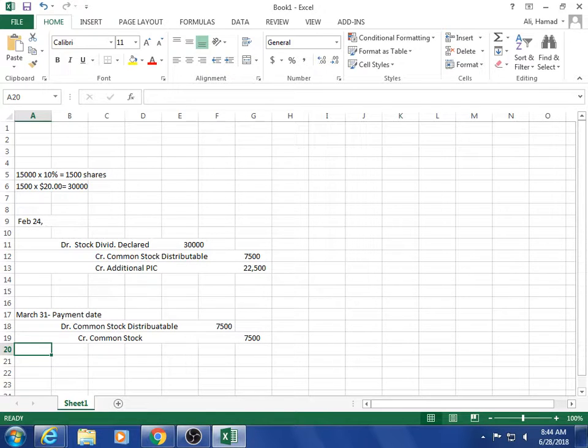If you put it in pennies, you still have 100 pennies, but still $1. Same thing with the number of shares. We have 15,000 shares. If you split each into 2, then we have 30,000 shares, and the par value becomes 2.5. So 2.5 times 30,000 is still whatever that amount comes to.